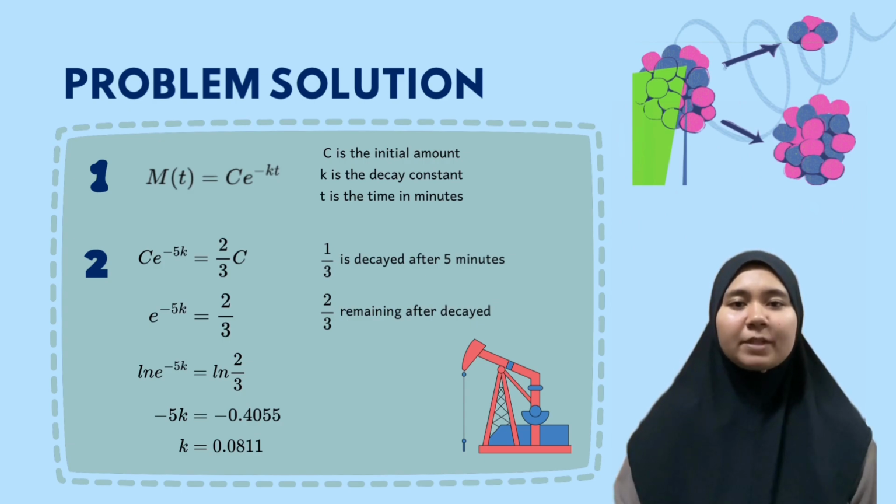From the first information given, we know that 1/3 of the substance decays after 5 minutes, so that means only 2/3 remains after 5 minutes. We substitute it into the equation and it becomes C e to the power of negative 5k equals 2/3 C. We cancel C, we get e to the power of negative 5k equals 2/3, and find the value of k by taking ln of both sides, and then we get the value of k, which is 0.0811.